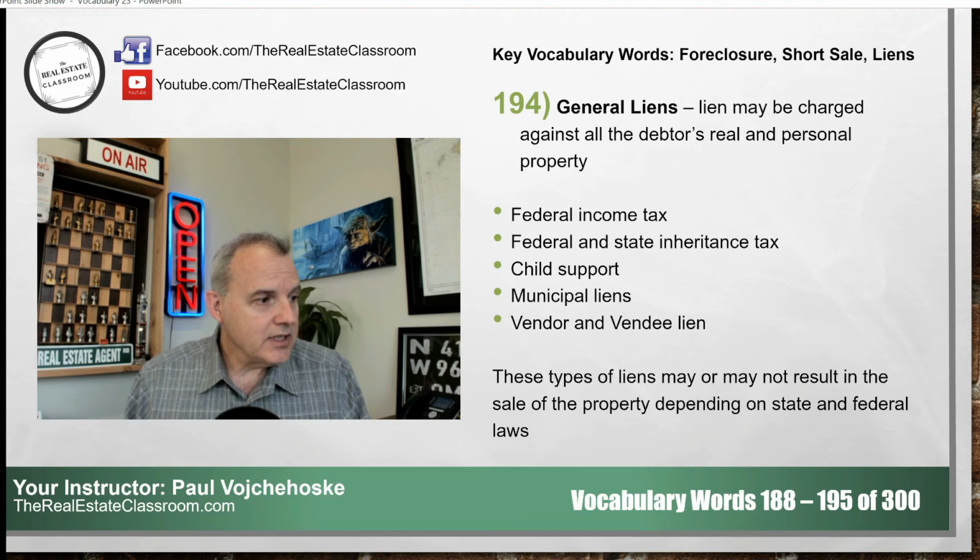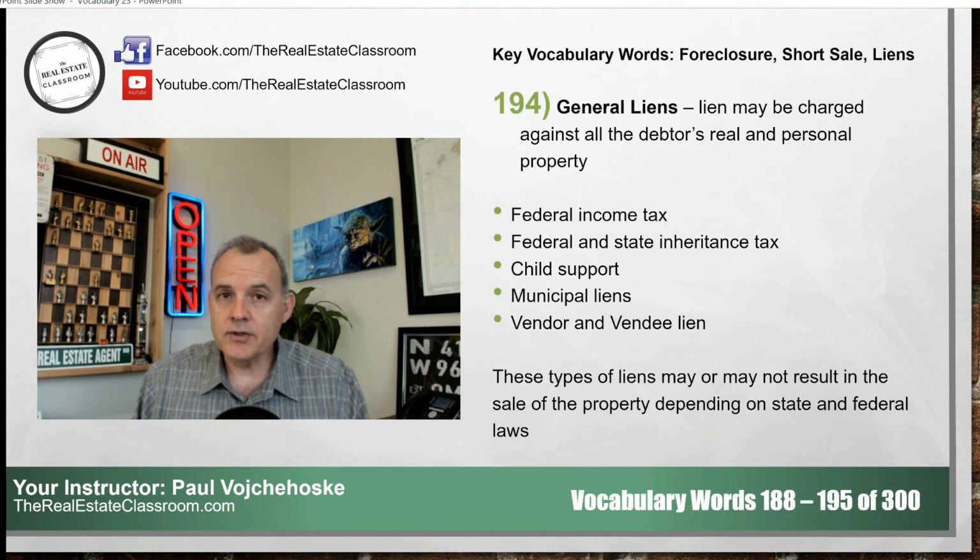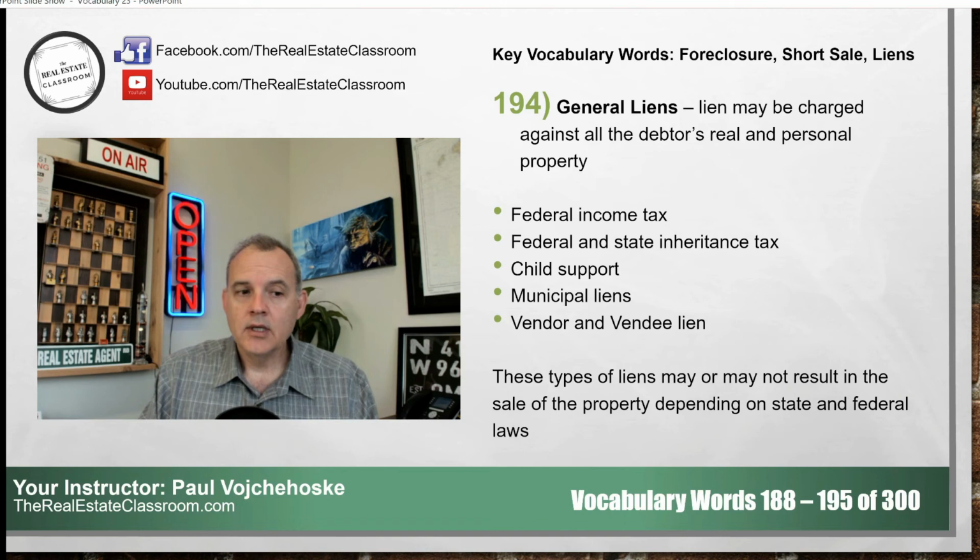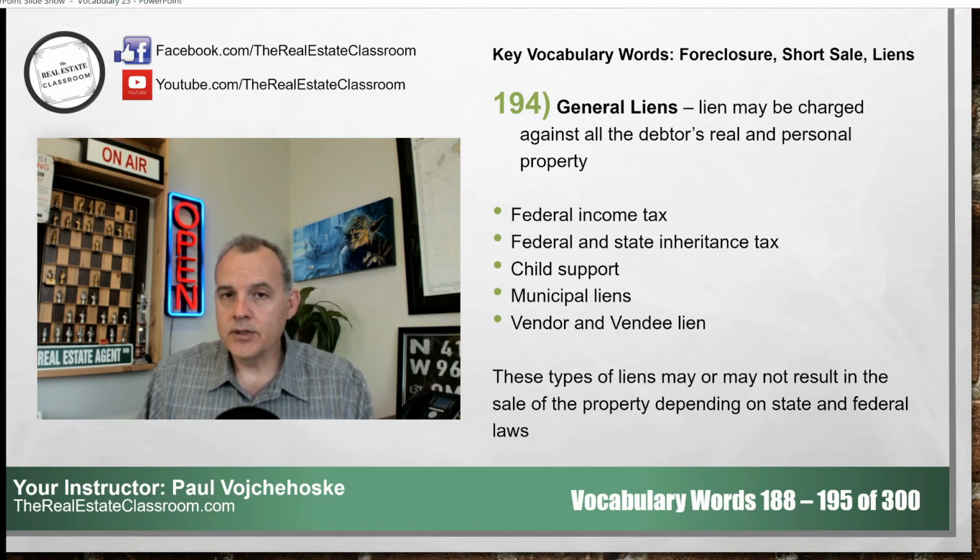So we see this as a result, for example, of civil lawsuits that have been filed against somebody. O.J. Simpson, for example, he was found not guilty in the criminal case against him, but he was found liable in the wrongful death suit, and general liens were placed against him.